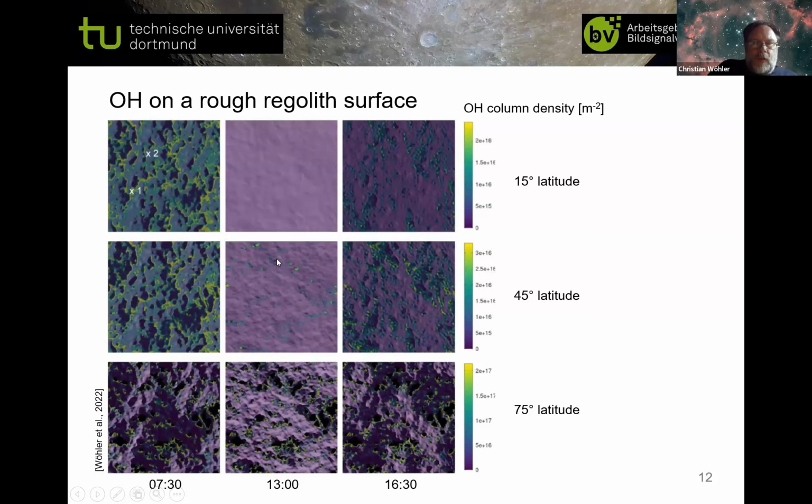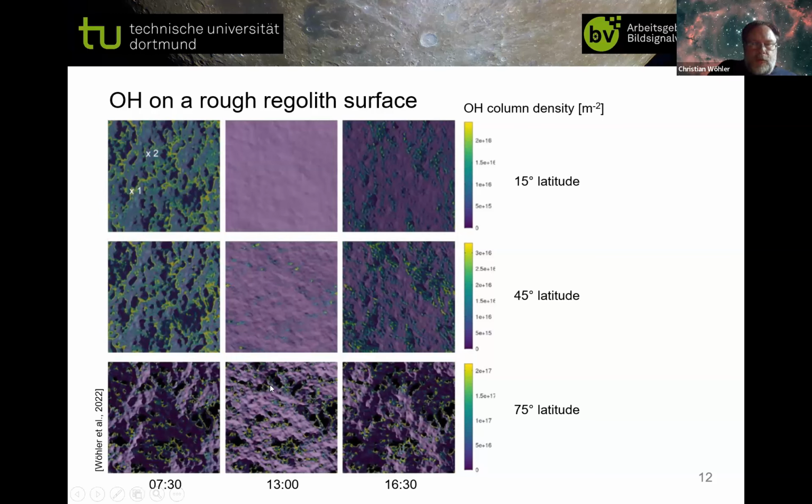Permanently shadowed regions are not considered here, so they are simply blanked out and not simulated, which is visible here at 75 degrees latitude. There are a lot of small scale areas which are never illuminated during the day. Of course, OH can pile up in these areas, but since they are not illuminated, they cannot be detected spectrally, so we simply discarded them.